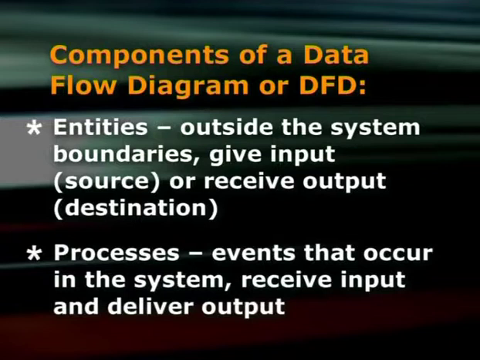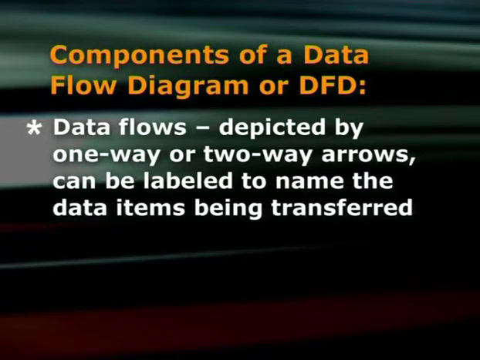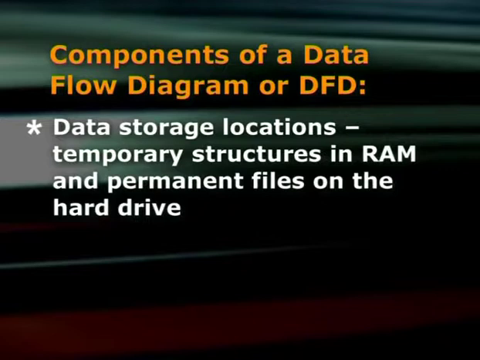Processes are events that occur in the system, and they receive input and deliver output. Data flows are shown by one-way or two-way arrows, which can be labeled to name the data items being transferred, and data storage locations are the temporary structures in RAM and permanent files on the hard drive.